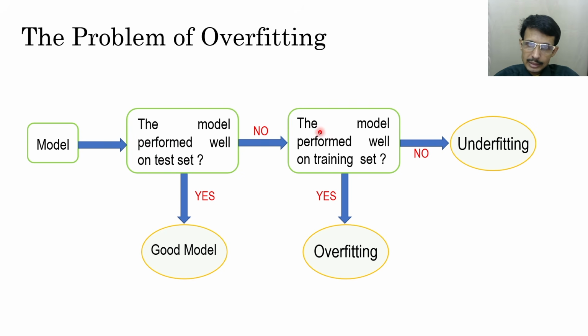If no, then we ask: did the model perform well on training data? If it is also no, then definitely the model performs poorly on test data as well as training data, so it's underfitted. But if it performs well on training data but not well on test data, there is a chance of overfitting. So the problem of overfitting can be viewed through this flowchart.